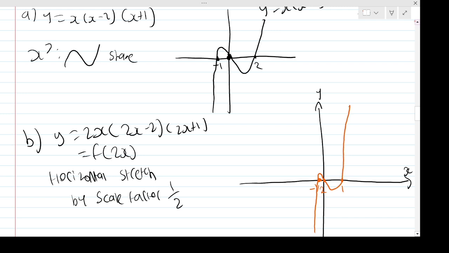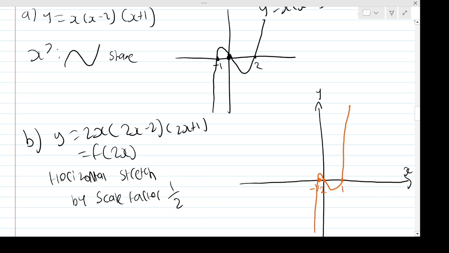You have to squeeze it in a bit more in order to pass through the points when they're closer together, because we halved the x values, which means they're closer together by a factor of 2. So it's a lot more squeezed in, and that means it makes the curve steeper as well. So you can see here at this point it's a bit less steep compared to this part here, and it has to be steep because we're basically compressing the whole graph, which is what we do when we're doing a stretch of a half here.